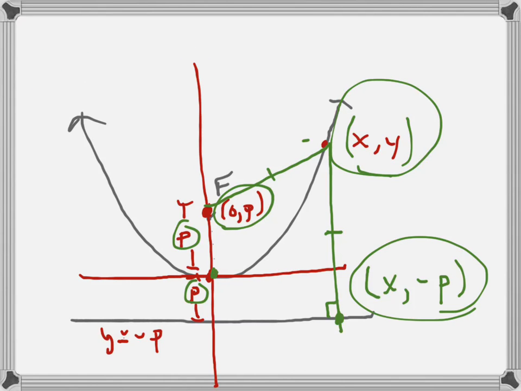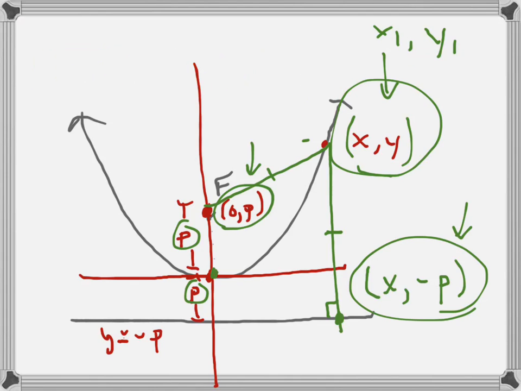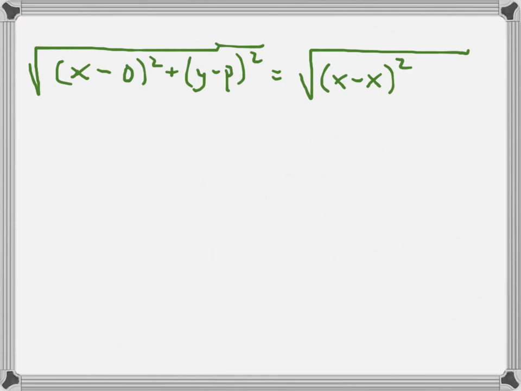And just to show you where I'm getting these from, I'm going to call this x1, y1, and right now this point's x2, y2, and then I'm going to use this on the other side too. I'll call that one x2 and y2 on the other side. So I'm going to set this equal to, again, this is the distance from the point xy to the focus, and now this is going to be the distance between xy and the point on the directrix. If you recall, the x value didn't change, and then I'm going to have y minus negative p squared.